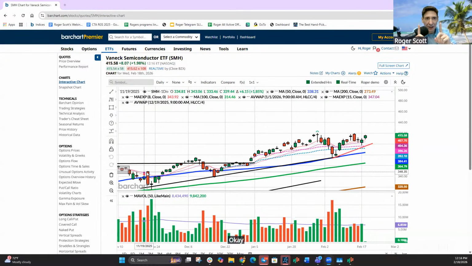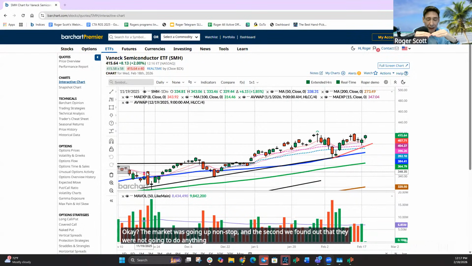I was watching the market for 24 hours, and when the market thought the decision was going to come out, it was going up nonstop. The second we found out they were not going to do anything, it dropped.